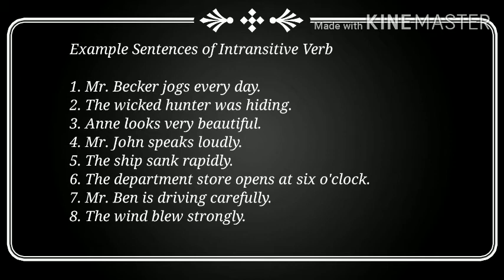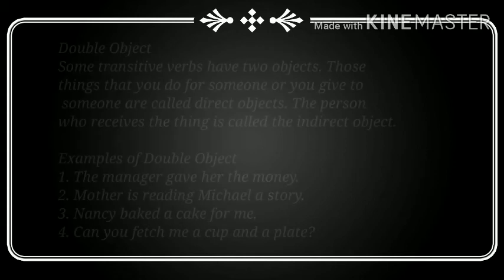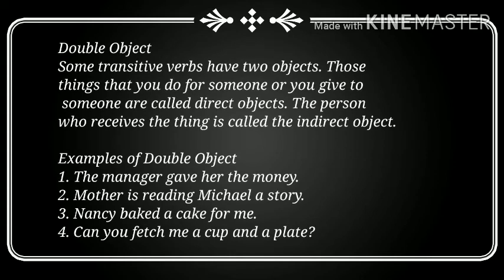Now, sometimes children you will get two objects. In a transitive verb you were getting one object, but sometimes you will get a double object. So some transitive verbs have two objects. Those things that you do for someone or you give to someone are called direct objects.